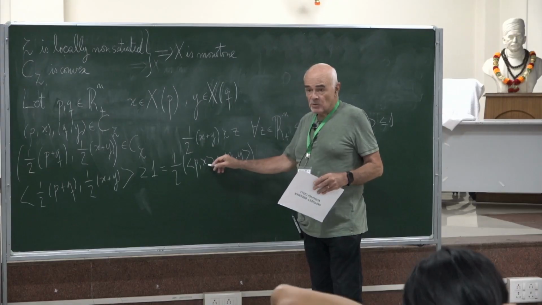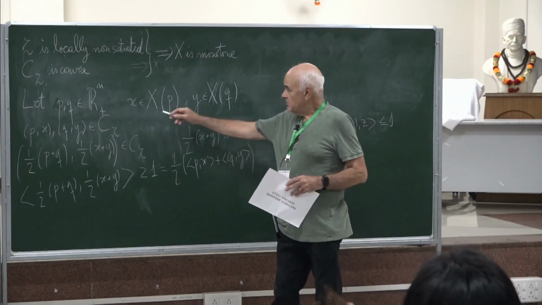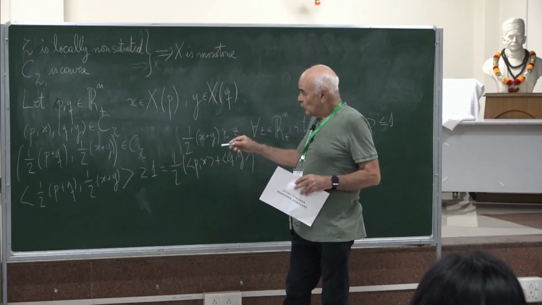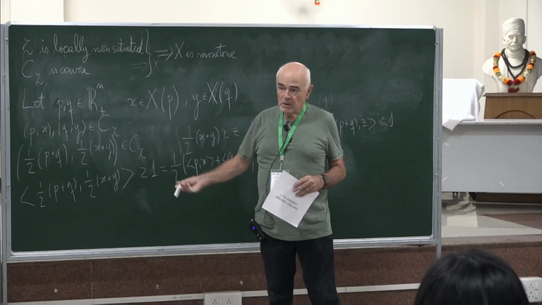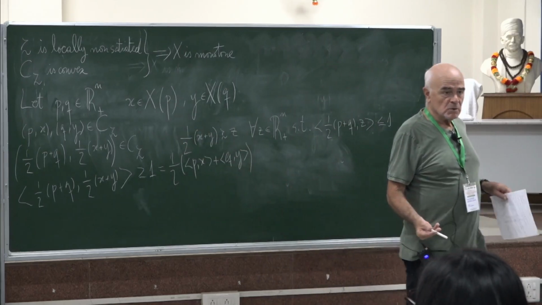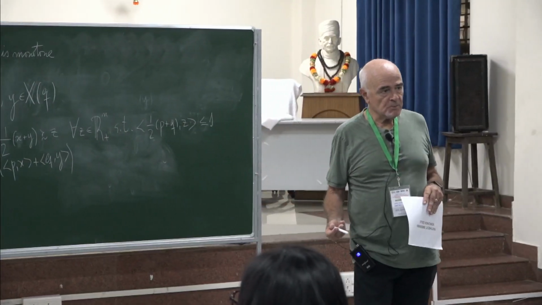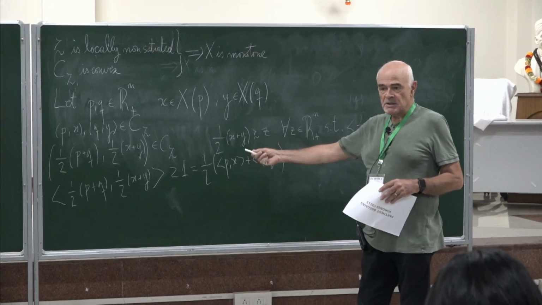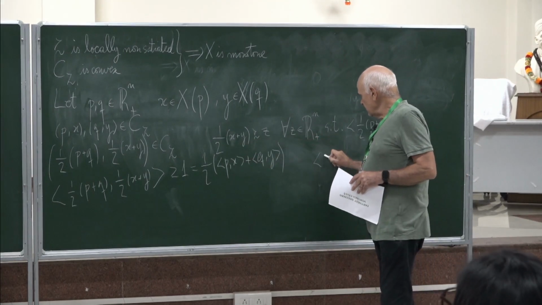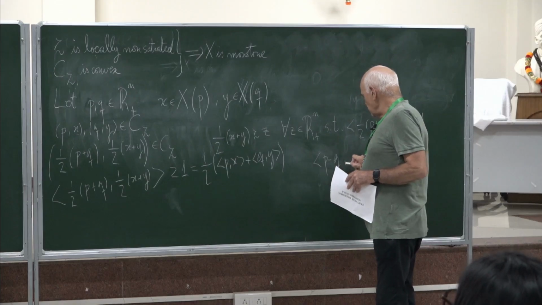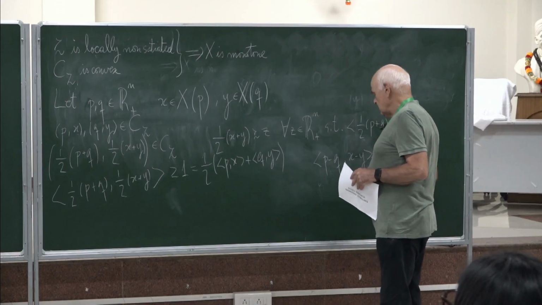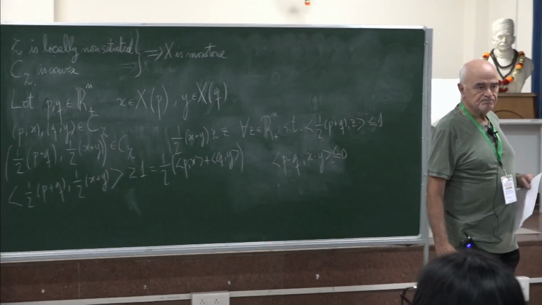This is less than or equal to 1 because this is feasible under P, the same here, and cannot be smaller than 1 because of the local non-satiation property, so it must be equal to 1. And now you see that a very simple algebraic manipulation yields the monotonicity condition.